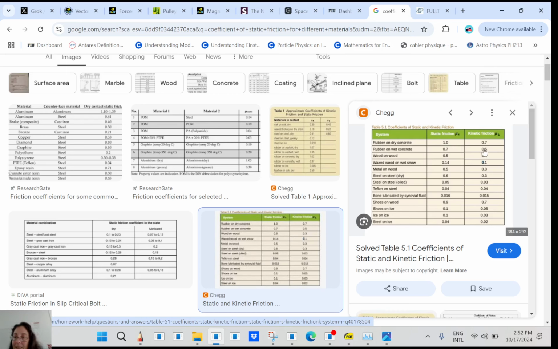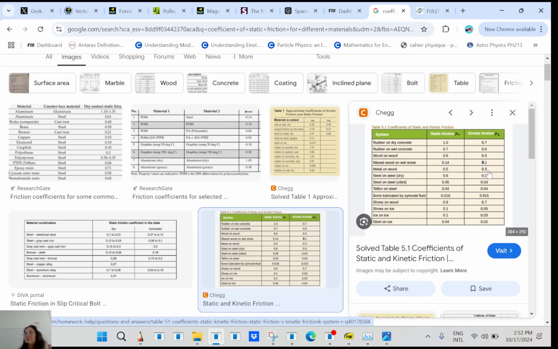Here I have static and kinetic. 0.3. Steel on steel could be 0.3. Metal on wood. Okay, that makes more sense. Like if you have something metallic, like an AC or something like this, that you push on a wooden floor, then the kinetic friction will be 0.3.